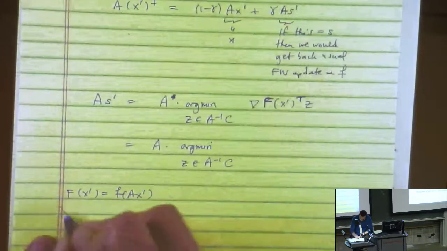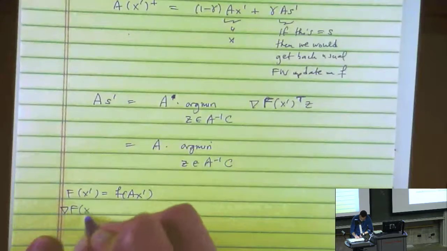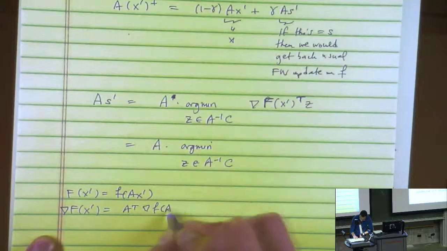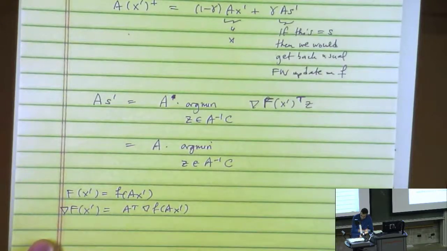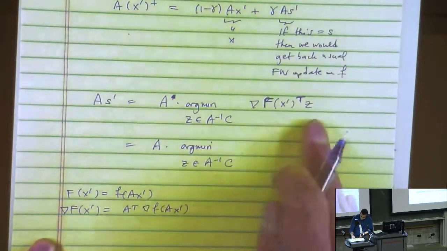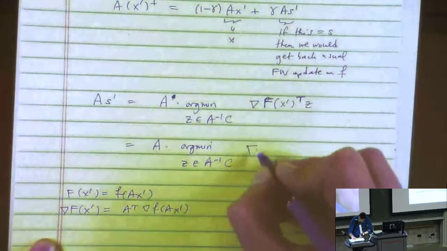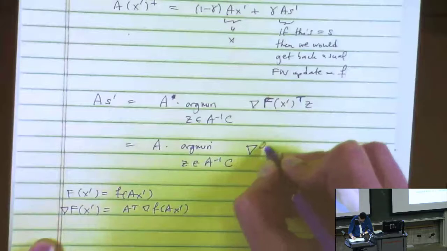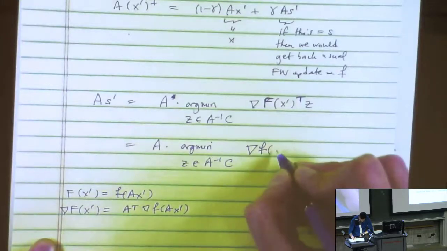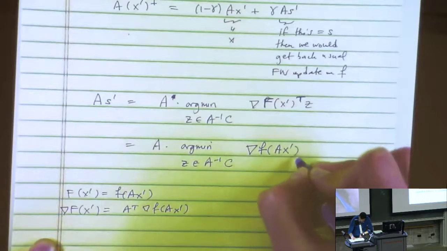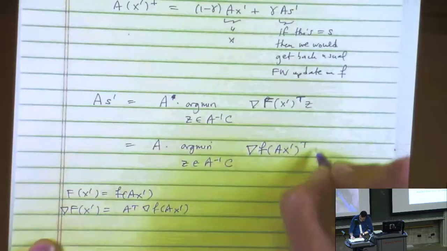So if I take its gradient, this is A transpose the gradient of f at A x prime. So I can write this as the gradient of f at the point A x prime transpose A z.